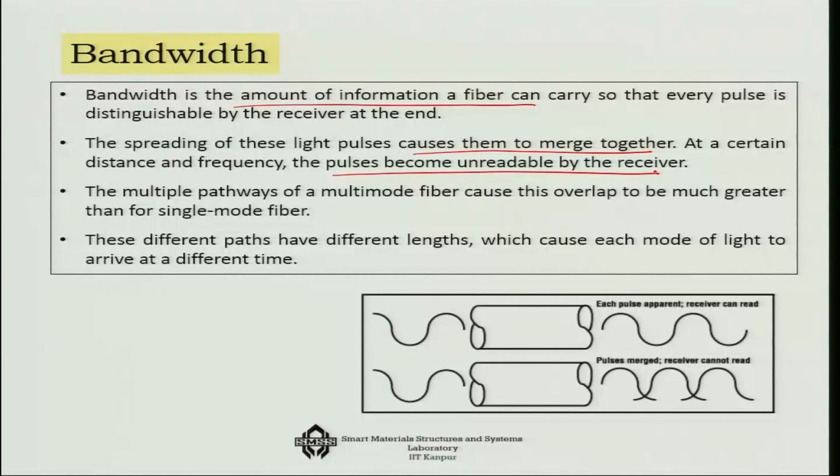In fact, that is why you will need repeaters. The multiple pathways in a multimode fiber cause this overlap to be much greater than for a single mode fiber. These different paths have different lengths, which cause the modes of light to arrive at different times. So, you need a repeater to avoid this problem.